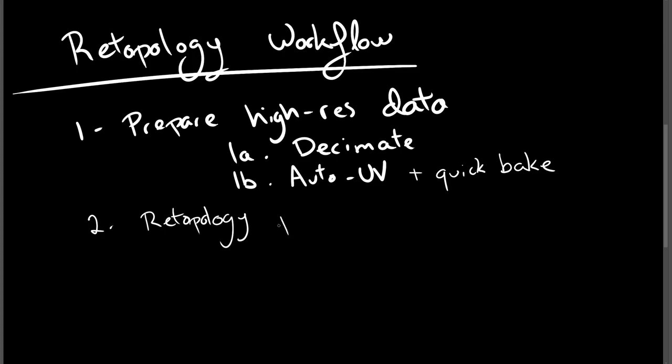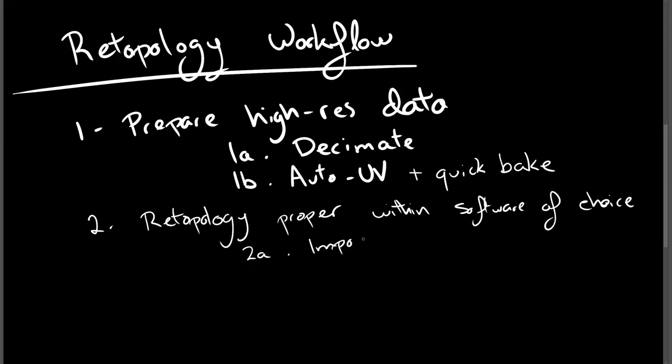So retopology proper within our software of choice. And if we wanted to break this down into two different steps, we would say 2A would be simply the import process. Very simple, as you'll see, import process. And 2B would be our retopology.